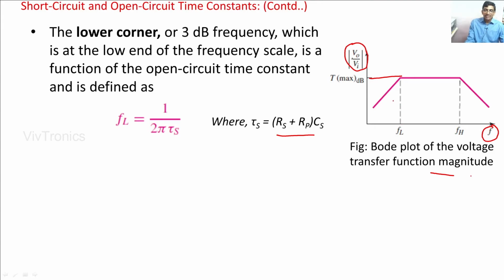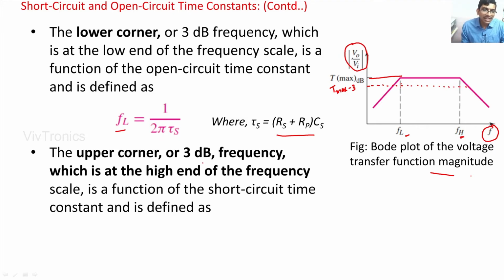Therefore at lower frequencies, the gain falls by minus 3 dB. From the maximum we are going to draw one line at minus 3 dB, which is T maximum minus 3. The frequencies where this minus 3 dB line crosses the frequency response curve can be referred to as FL and FH. Therefore, the frequency on the lower side, which is the lower cutoff frequency, is 1 by 2 pi tau s.